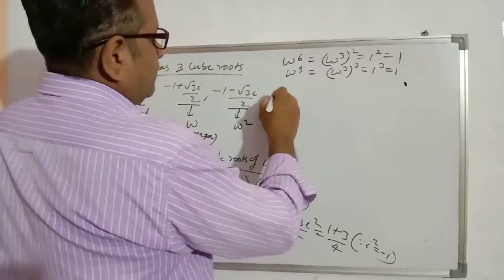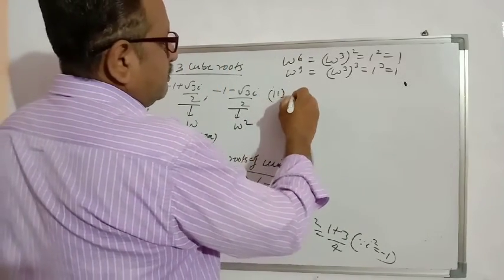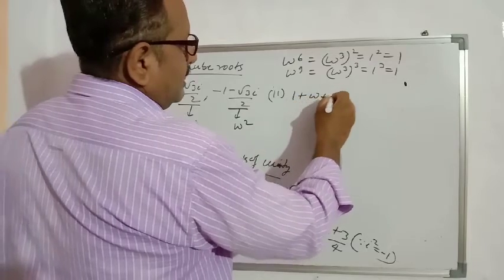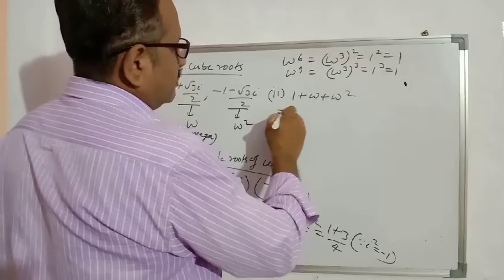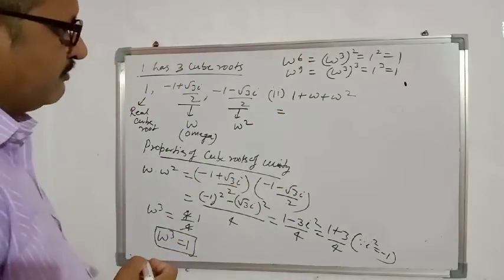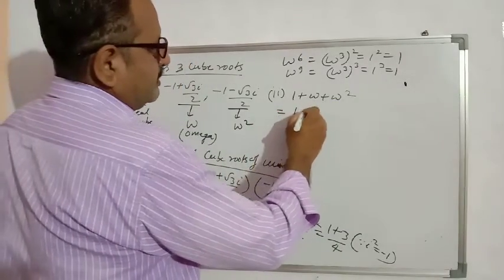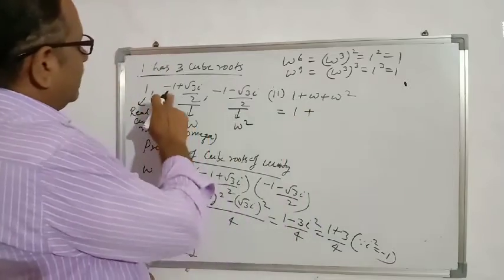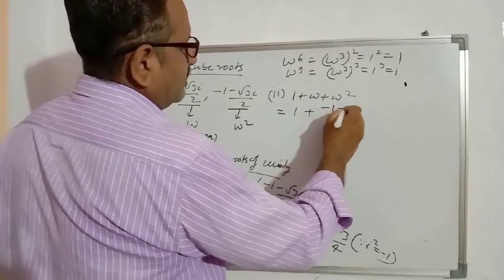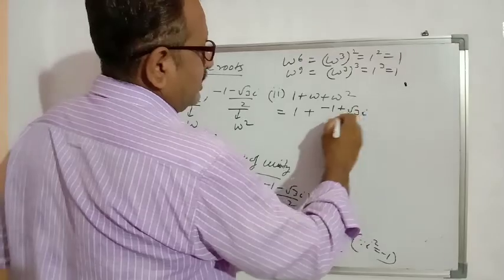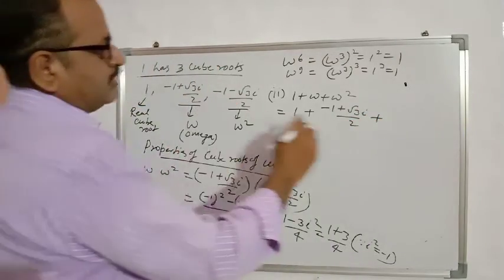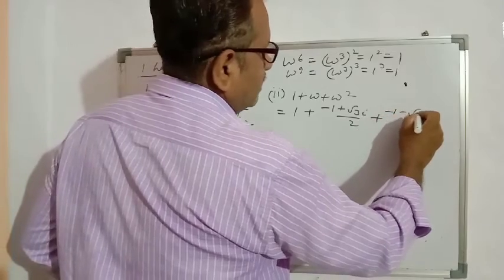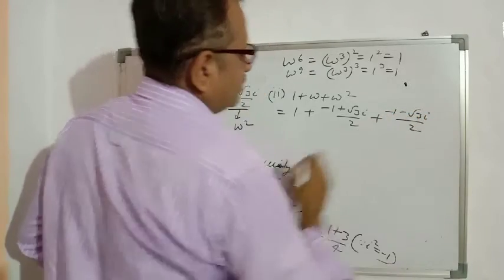See the next property. If we add all the cube roots of unity, 1 plus omega plus omega square, what will we get? 1 plus omega is (−1 + √3i)/2, and omega square is (−1 − √3i)/2.